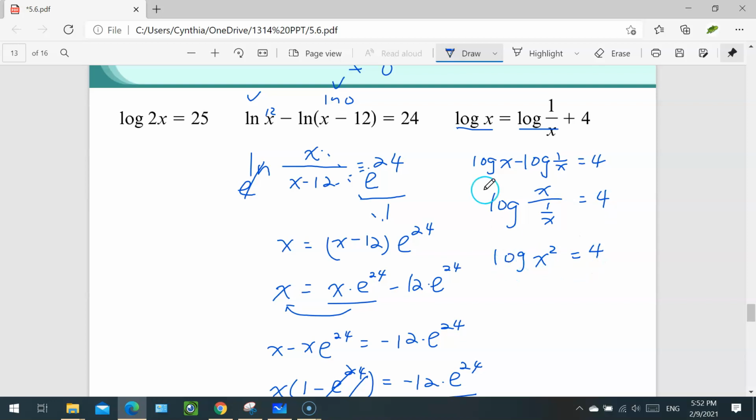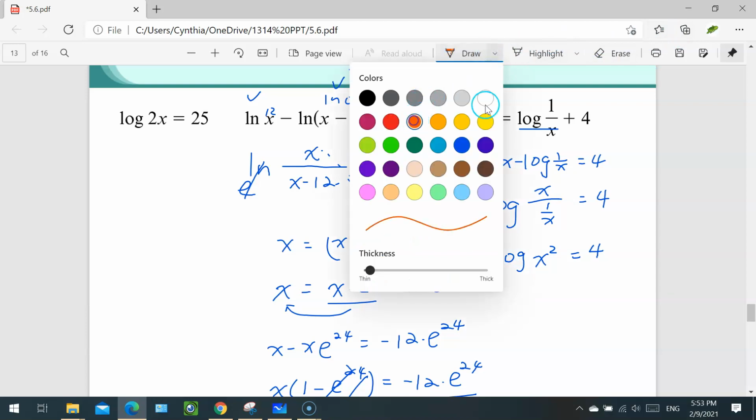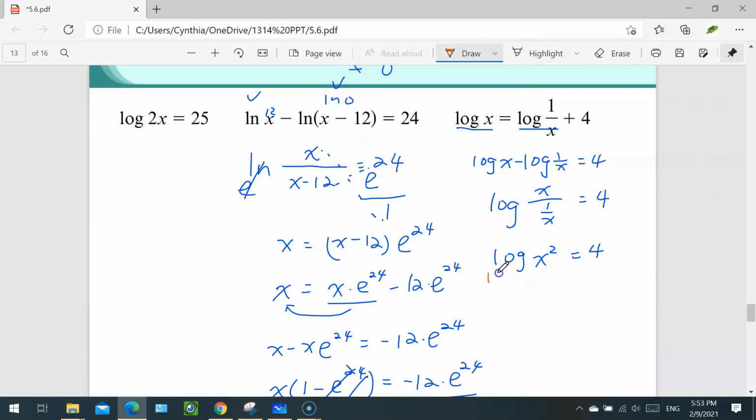The next step is to get rid of the log. The way we can get rid of the log is to raise 10 to both sides because I don't see a base number here. So this 10 will cancel out with the log, and your x squared equals 10 to the power 4. 10 to the power 4, I can rewrite as 10 to the power 2, with another 2 outside.